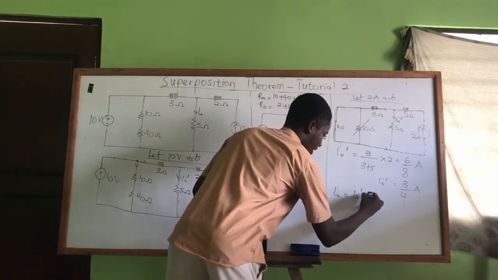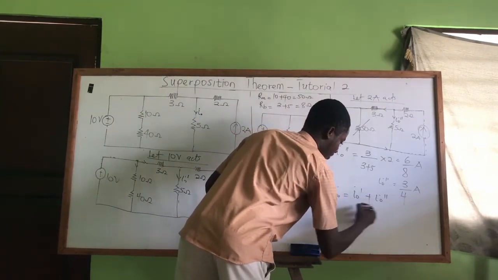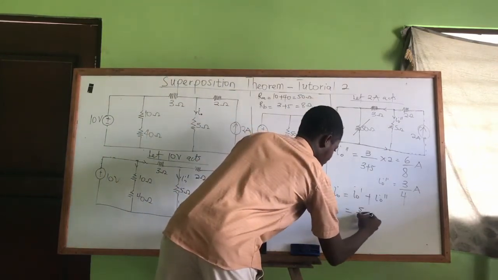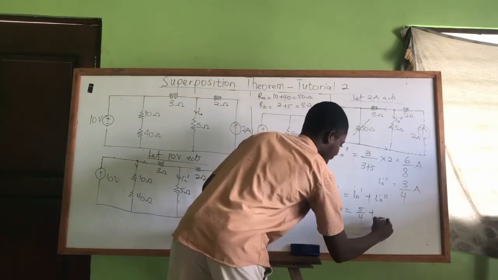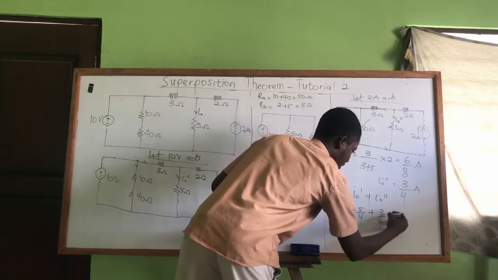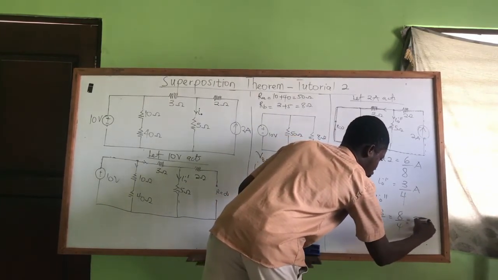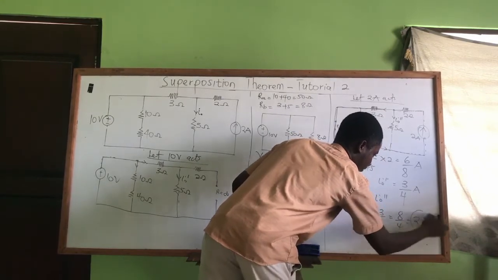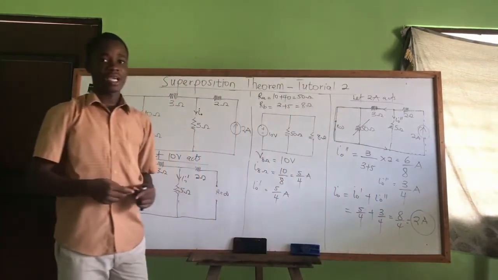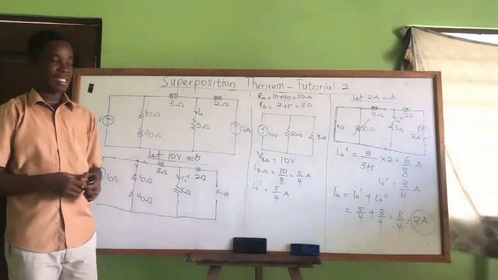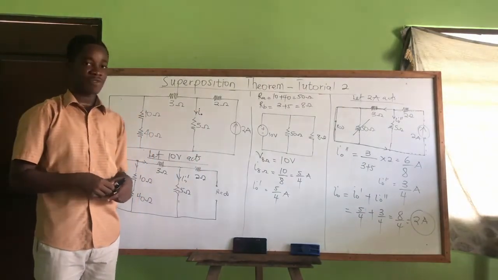So we have I naught prime plus I naught prime prime. And that one is giving us 5 over 4 plus 3 over 4. And that one is equal to 8 over 4, which is 2 amperes. So the current I naught is equal to 2 amperes. That's the current flowing through the 5 ohms resistor.